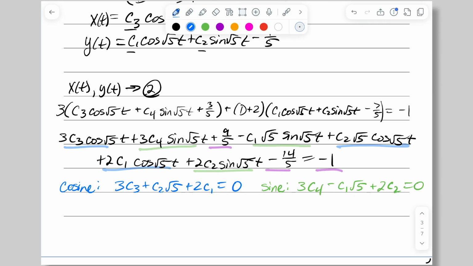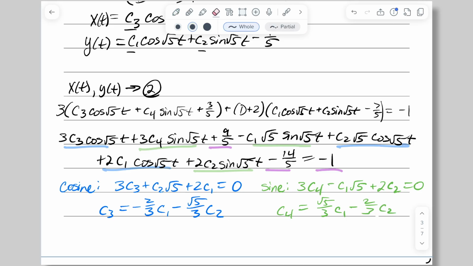Solving for C3 gives us that C3 is -2/3 C1 minus square root of 5 over 3 C2. And solving for C4 is going to give us square root of 5 over 3 C1 minus 2/3 C2 equals C4.